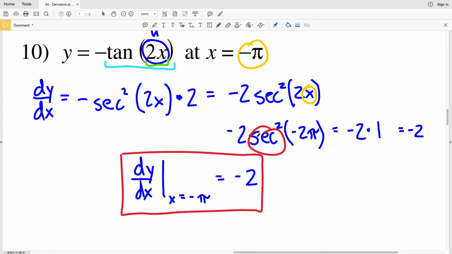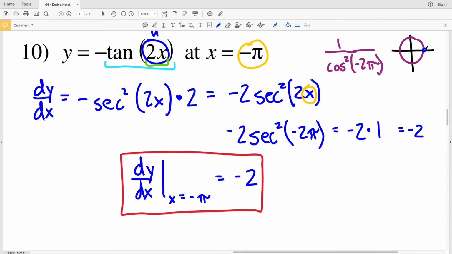Also, if you want to think of secant as 1 over the cosine, it would be 1 over the cosine squared of that negative 2 pi, which, when we're at negative 2 pi, we're at this point here, where the cosine is a positive 1, because here would be negative pi, and then keep going around to negative 2 pi.